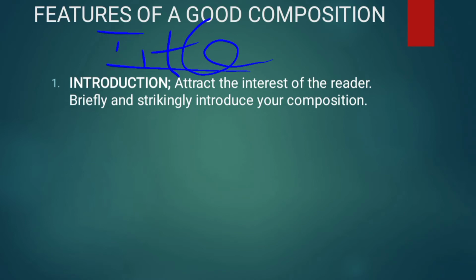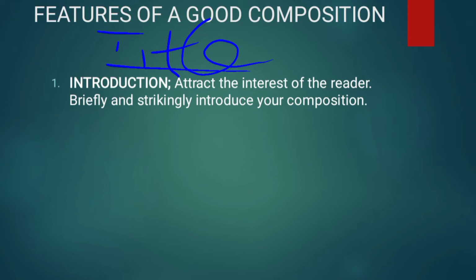After you write the title, you go to the introduction. In the introduction, you are only here to attract the interest of the person who is reading your composition. Briefly and strikingly introduce your composition. You can start with a quotation.